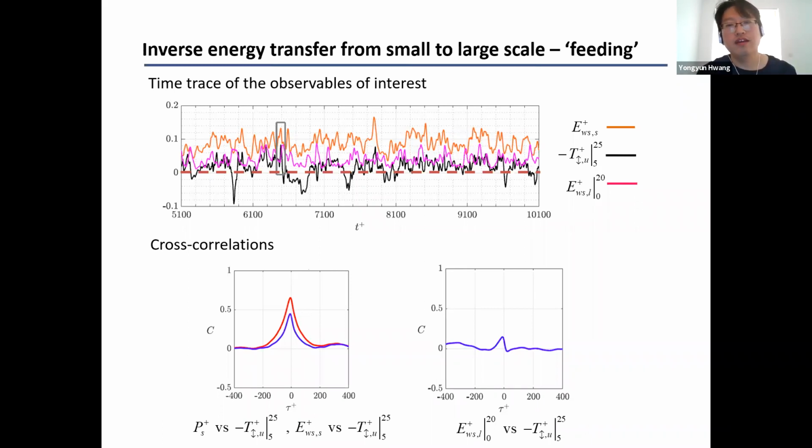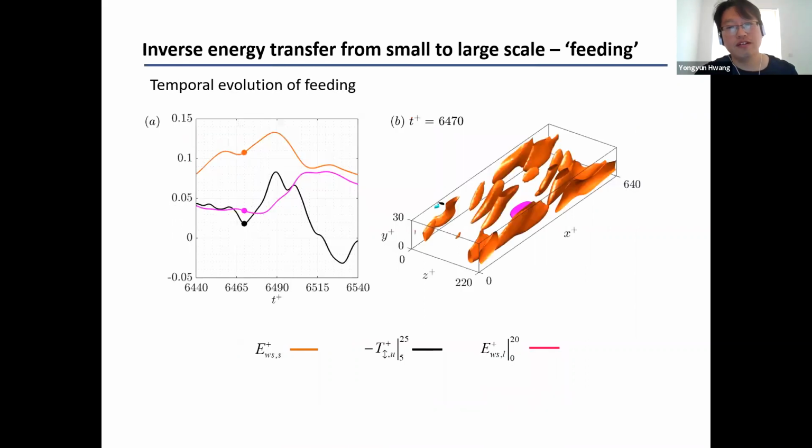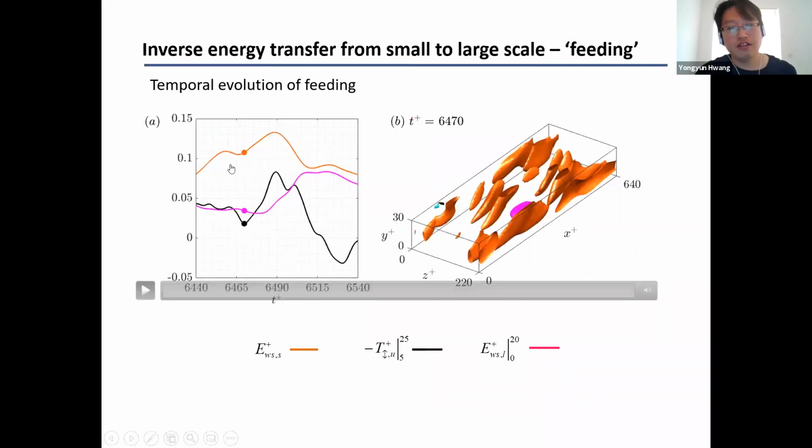And we call it feeding because it's not a very dominant effect compared to the energy cascade. So again, we check this part, and these are again the movie.